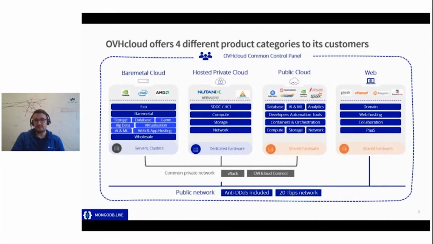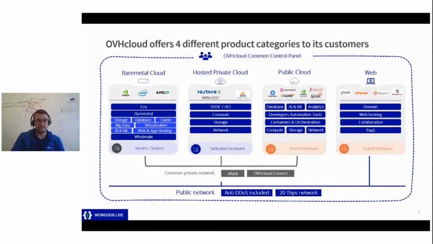As I said, we offer a wide range of solutions, sorted in 4 major universes. In the web universe, you have the traditional web solutions, but also the new PaaS solutions, which are built mainly with Platform.sh.